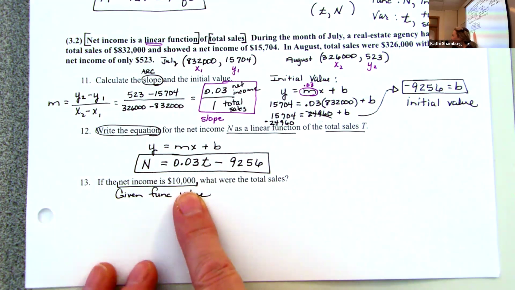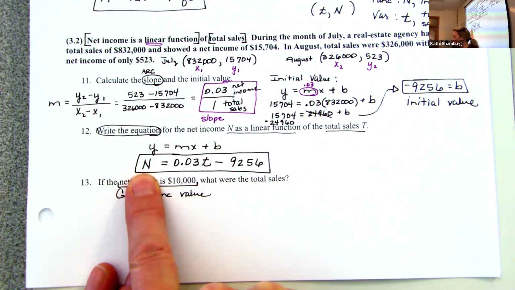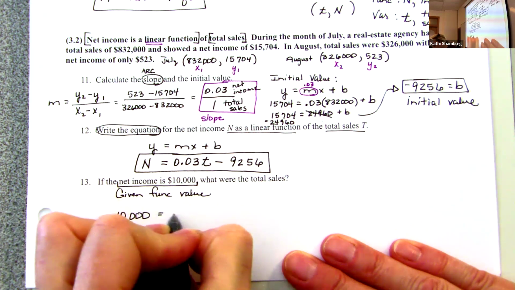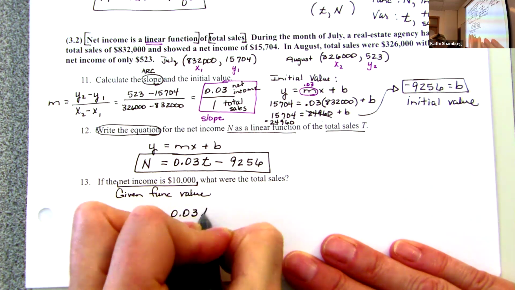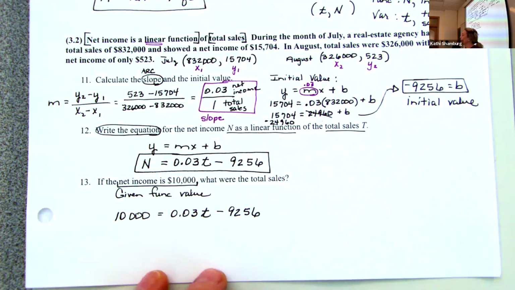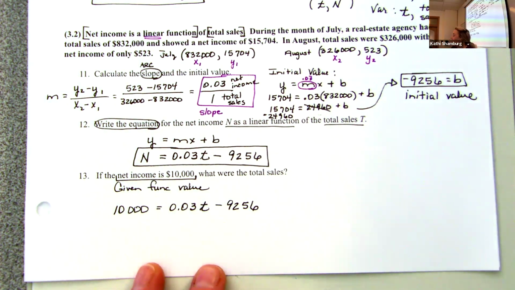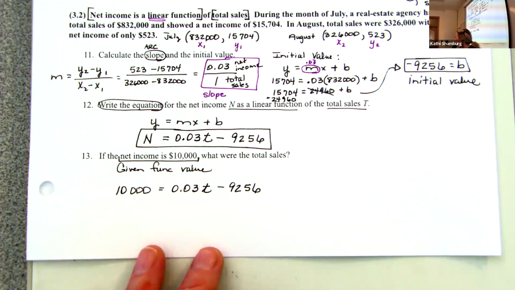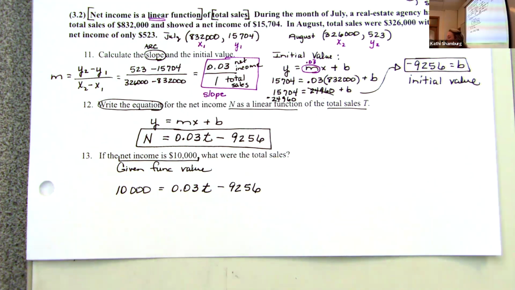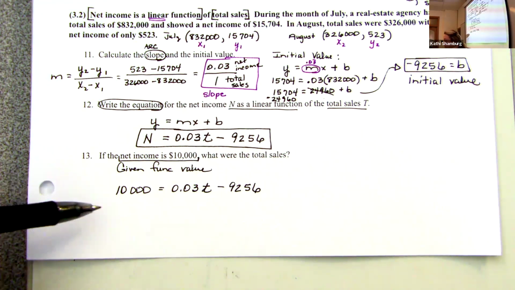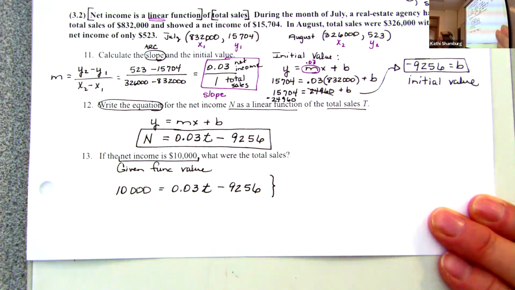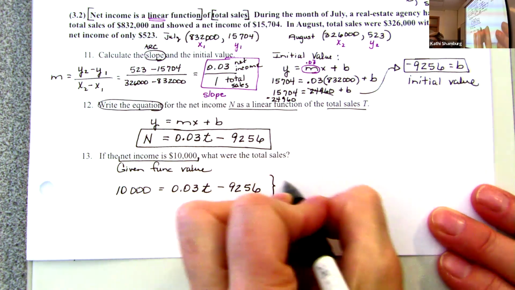Okay, so if 10,000 is my function value, it goes in place of N. Now, your variable has an exponent of 1, right? So if we want to know what t is, if it is to the first power, then I don't have to go to my calculator. I just take this equation and solve for t.